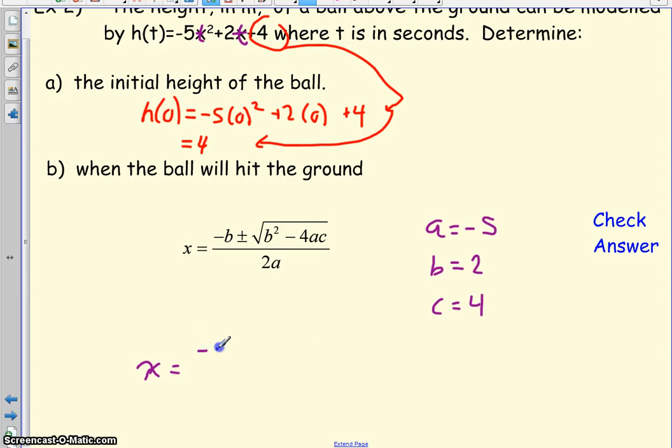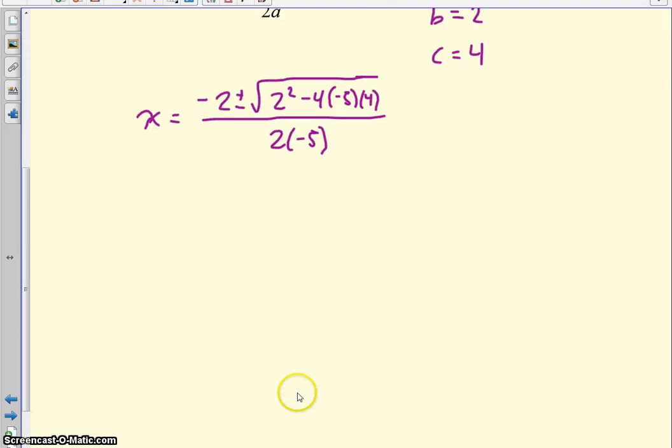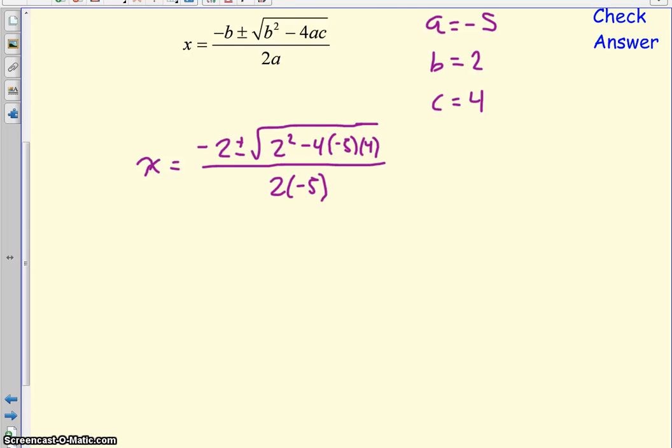We're going to have negative 2 plus or minus the square root of 2 squared minus 4 times negative 5 times 4. And the denominator is 2 times a, so 2 times negative 5. Okay, I'd like you to try and simplify this as much as you can on your own first. So give that a try. I'll work along with you here.